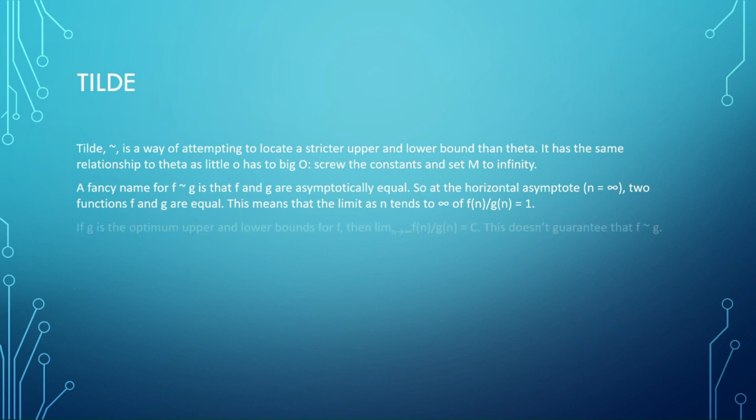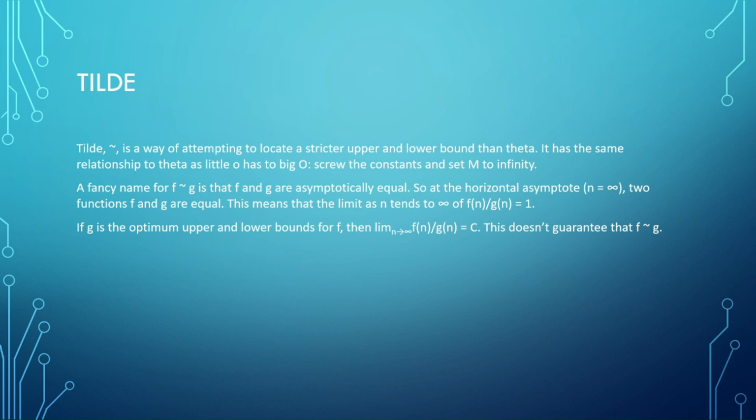So if g is the optimum upper and lower bound for f, so in the three scenarios, infinity, 0, constant, then f of n over g of n converges to a constant as n approaches infinity, it still doesn't guarantee that f is of tilde g.